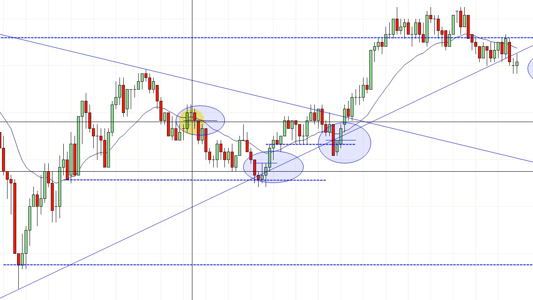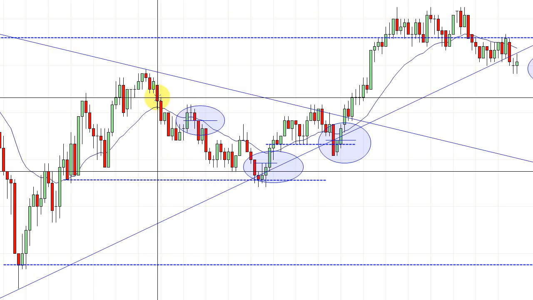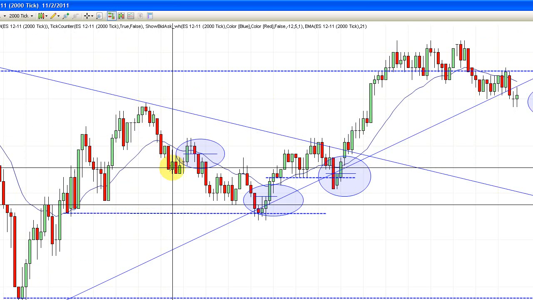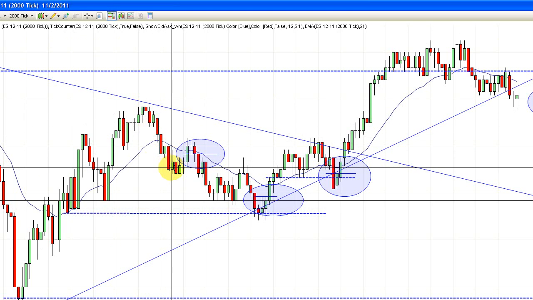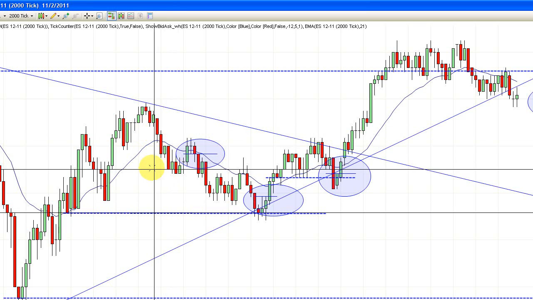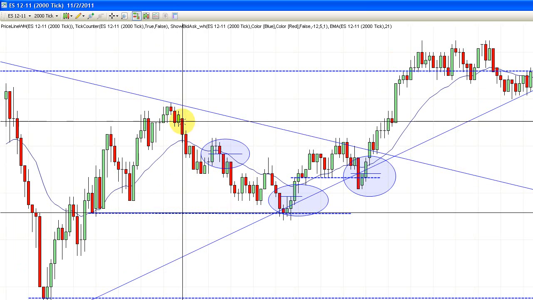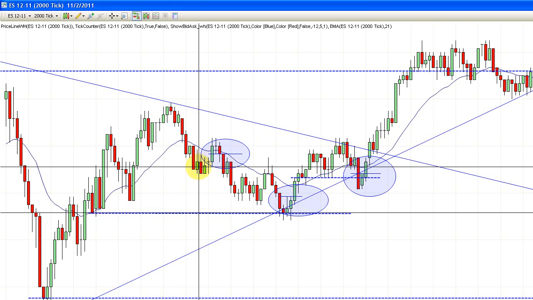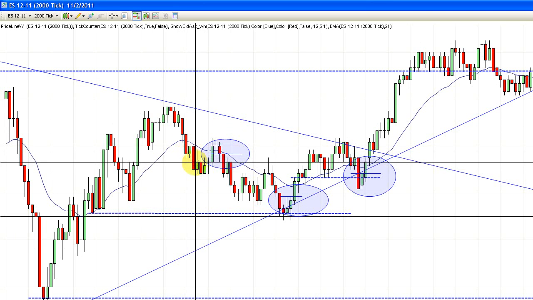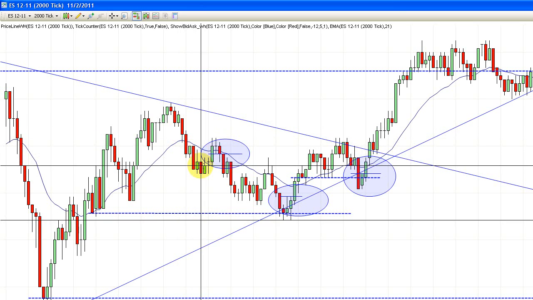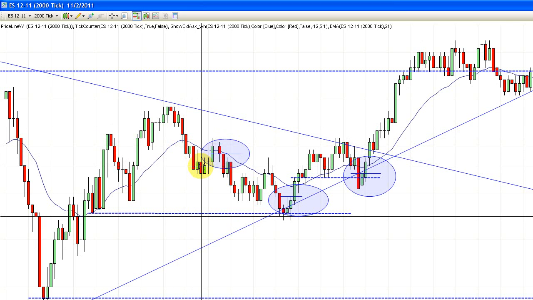But we got a couple of other reasons to take this short as well. First, we had this big bearish swing down, and we actually made a much lower low here than we did over here. So that gives this bearishness some, in price action rules, that's telling you that the sellers are getting stronger, the buyers are obviously getting weaker.